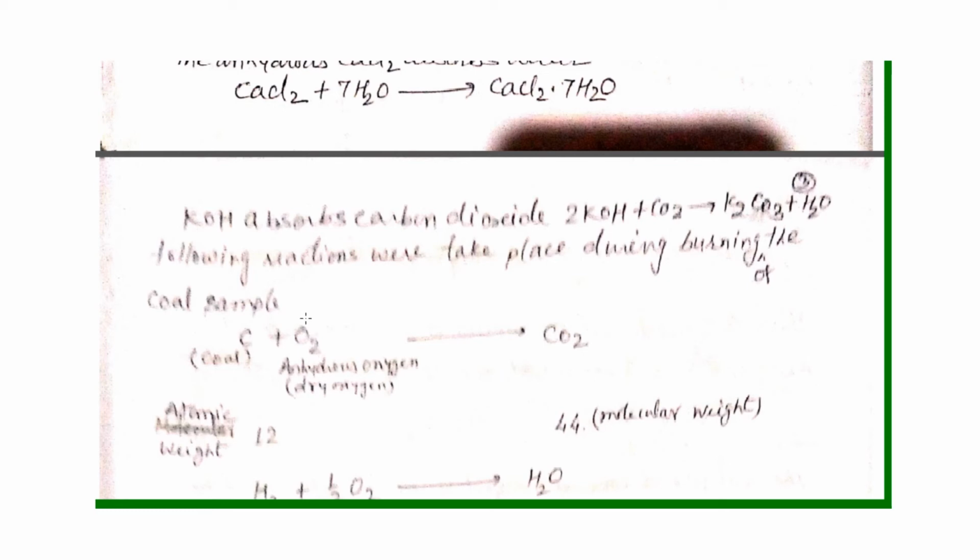When we burn the coal sample, carbon is present in the coal, and that carbon reacts with dry oxygen and makes CO2. The weight of carbon is 12 and the weight of CO2 is 44.